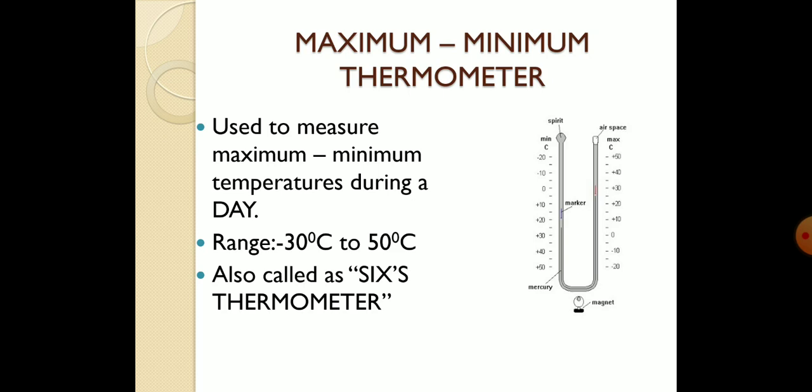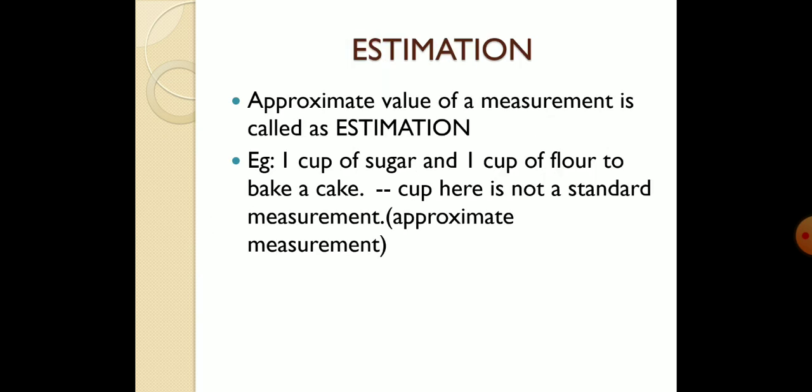They will say Chennai 42 degrees Celsius, minimum 35 degrees Celsius. They will be giving the temperatures. Those temperatures are obtained from this thermometer only.